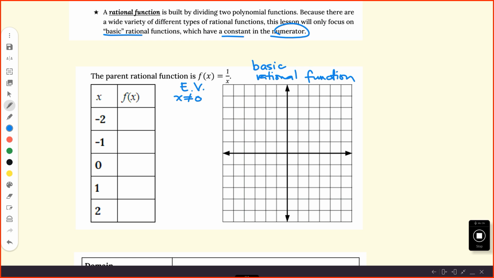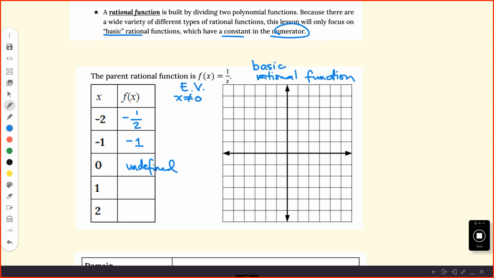Okay, so if x is -2, what is your f of x? If you plug in -2 to the function 1 over x, you get 1 over -2, or I can just write that as -1/2. If x is -1, if you plug it into the function, what is your y? 1 divided by -1 is -1. If x is 0, it's undefined.